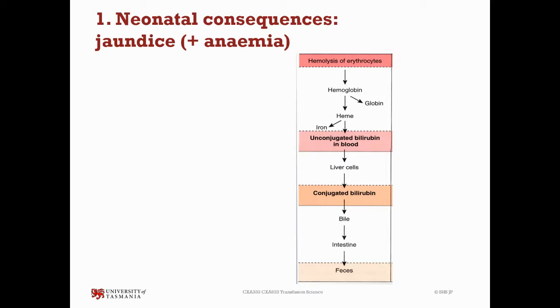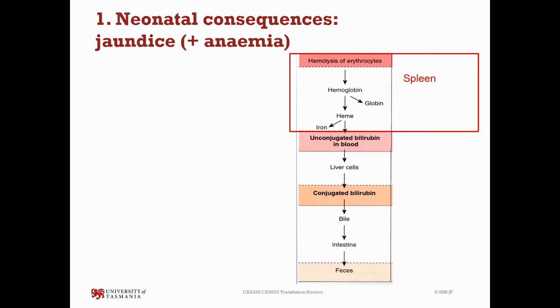If we have a look now at what happens in the neonate, so once the baby's born, we need to remind ourselves, first of all, what happens normally in red cell death or in hemolysis.